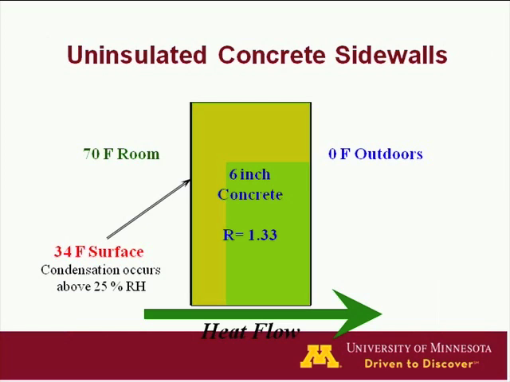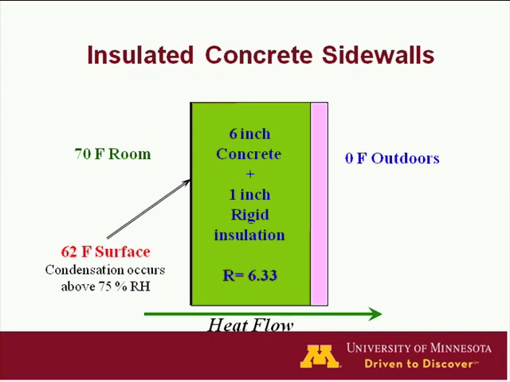Many times in finishing barns, we have a 6-inch knee wall of concrete that may not even be insulated, and if you have 70 degrees inside and it's 0 degrees Fahrenheit outside, that inside surface temperature is going to be at the low 30 degree Fahrenheit level, and most of the time you will get condensation on an uninsulated surface like that, and the heat flow is indicated by the arrow there at the bottom. It will also be a fair amount of heat that's lost.